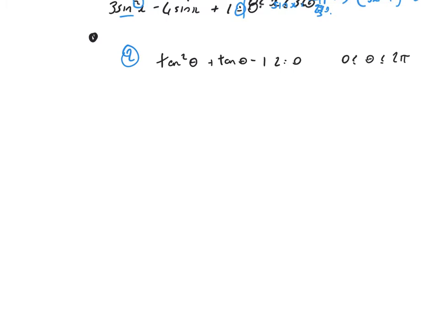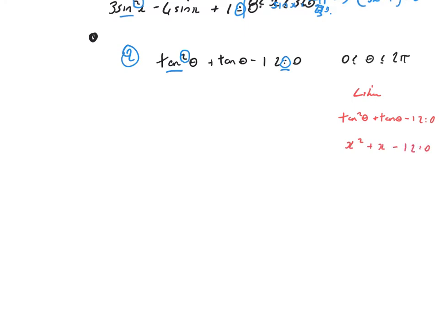Okay, right. The first thing that I'm going to do again is factorise that, because that looks to me to be a quadratic trig equation. So I'm going to liken tan squared theta plus tan theta minus 12 equals 0. You can see that that looks like x squared plus x minus 12.